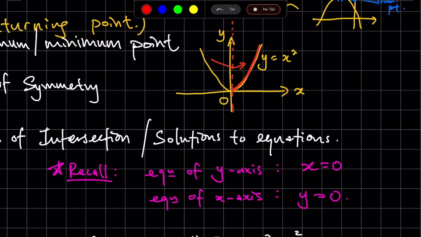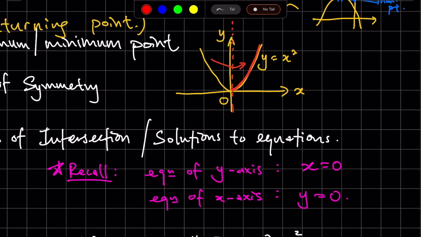Similarly, the equation of your x-axis, this entire line here, is y equals 0. Why is this so? Because the entire x-axis has a y value of 0.